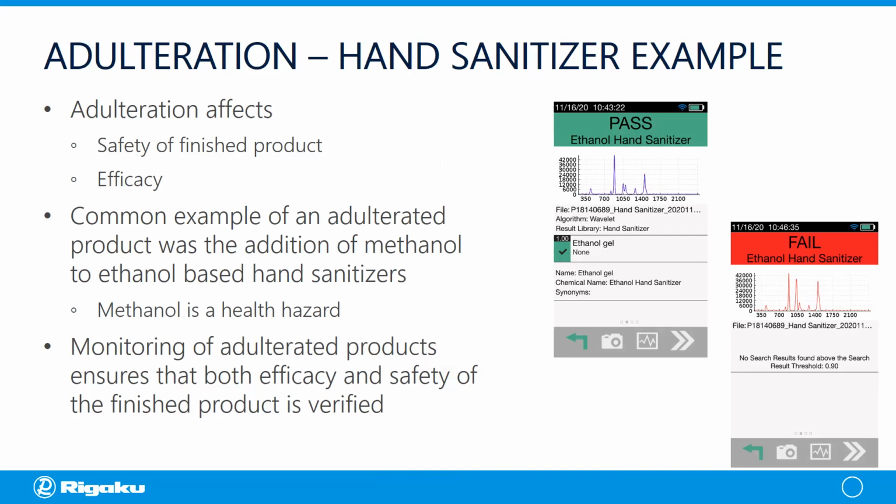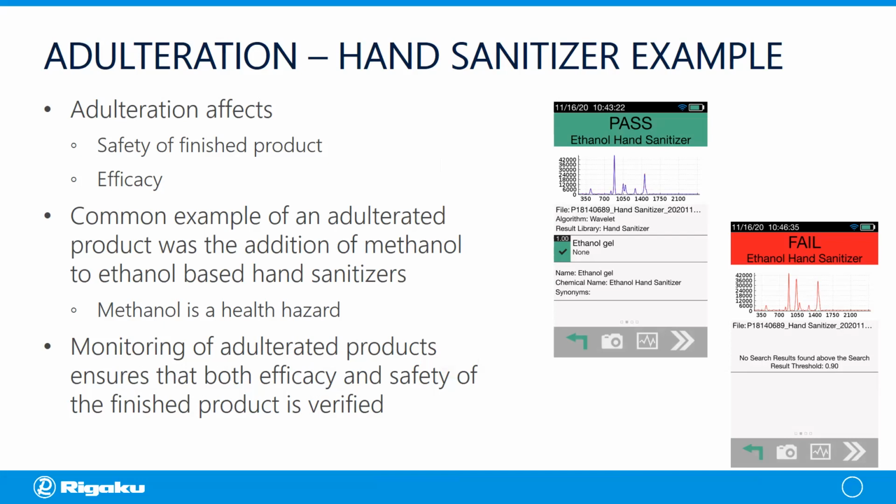One example shown here is for the adulteration of ethanol-based hand sanitizer. So within the past year, and even just recently this past week, the FDA has sent out numerous bulletins about possible adulteration in hand sanitizer. This not only impacts the efficacy of the material, but it's also a safety hazard because methanol is a poisonous material. So you do not want this in your ethanol-based hand sanitizer.